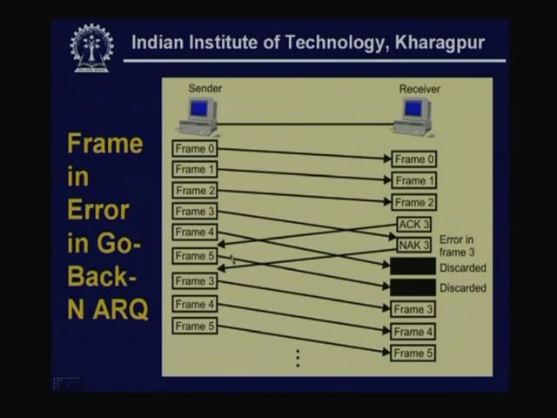So, you see that is why it is called go back N. So, it is going back to 3 and again retransmitting 3, 4, 5. So, 3, 4, 5 are sent and they are being received one after the other at the receiving end. So, the name go back N is coming from this. We see here, although the transmitter had sent up to 5, it is going back to 3 and then it is retransmitting 3, 4 and 5. So, in this way it proceeds.